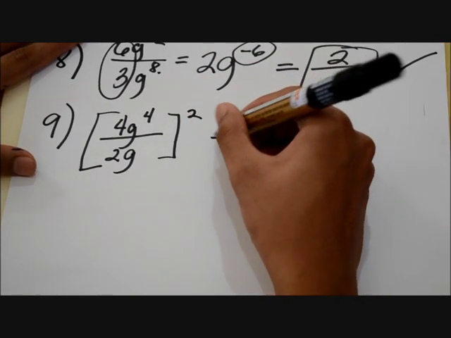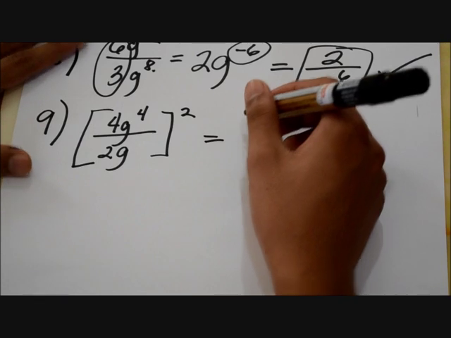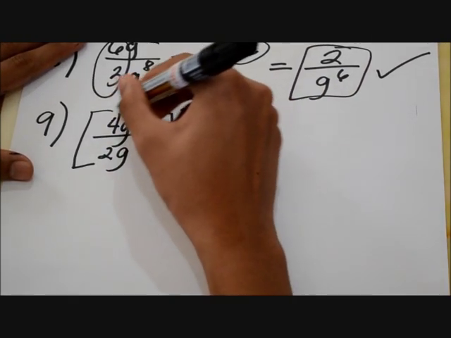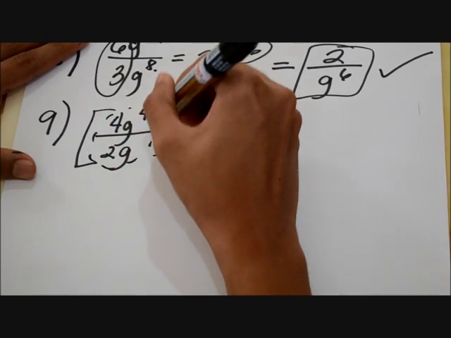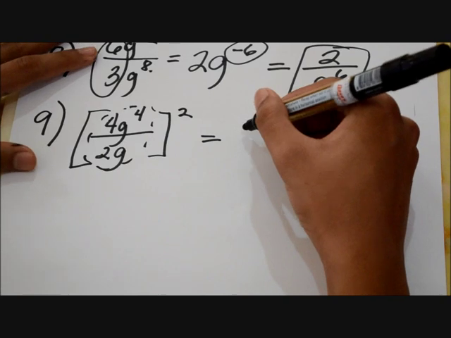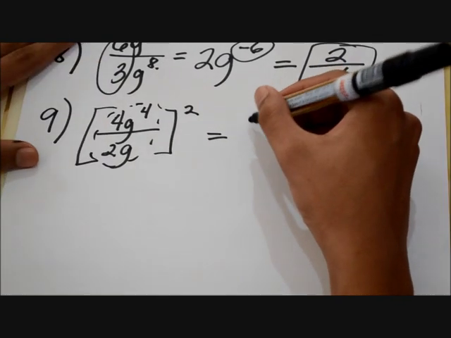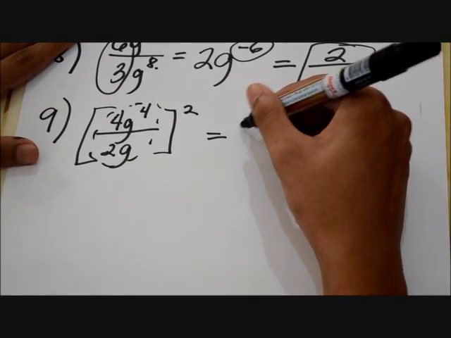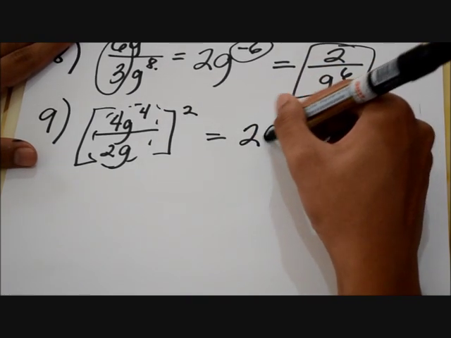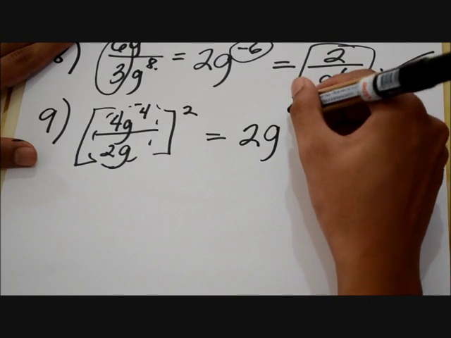So first, we are going to simplify the fraction 4 grams raised to the power of 4 over 2 grams, or the expression located inside the bracket. So 4 divided by 2 is 2 grams raised to the power of 3.